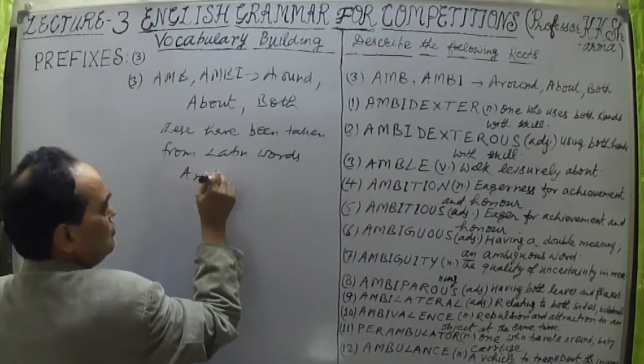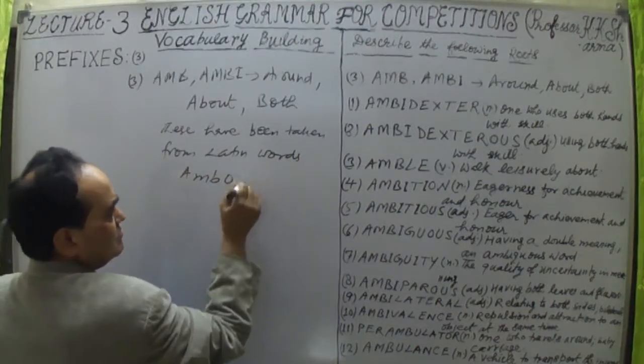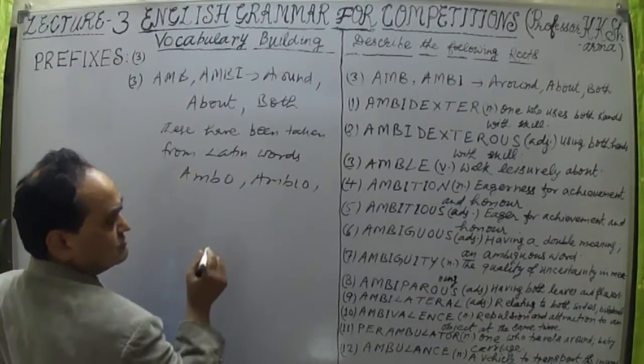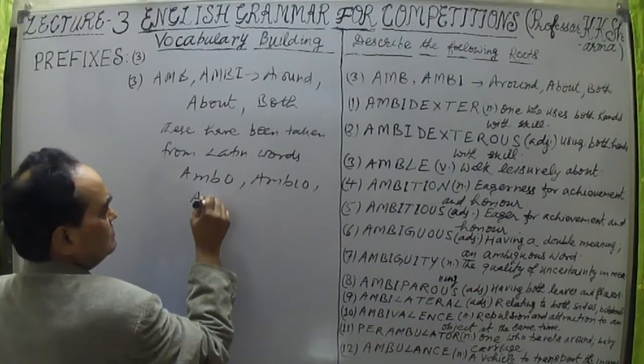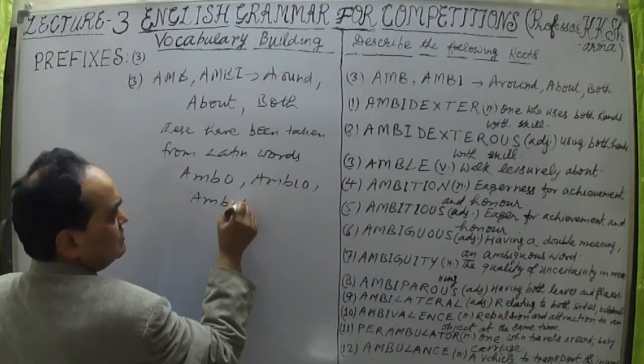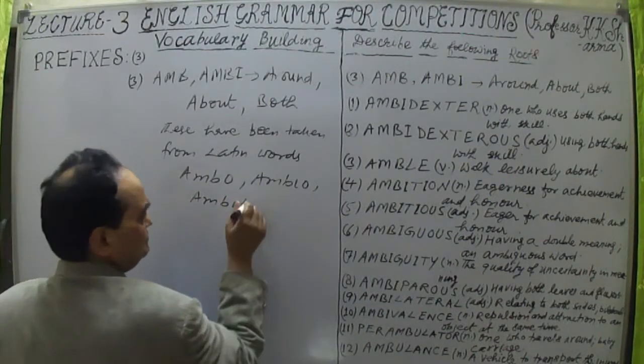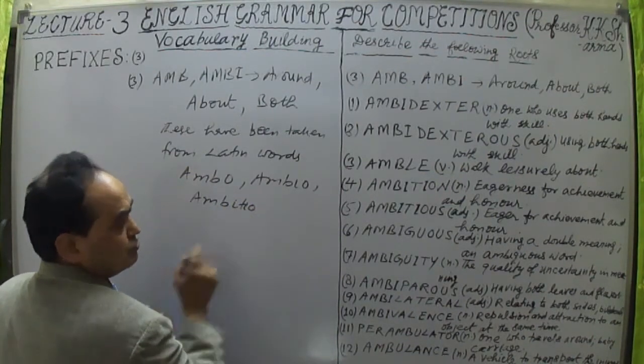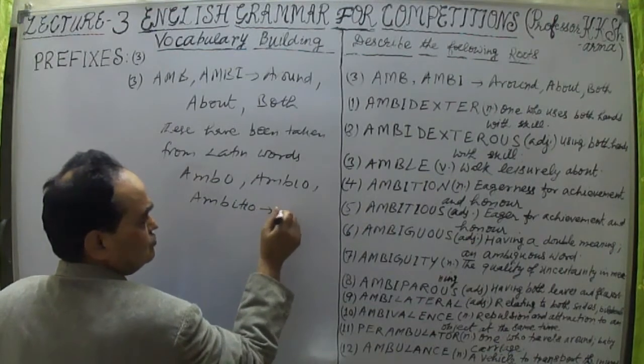One is ambo, second is ambo, this also one. Then ambitus, that means go around.